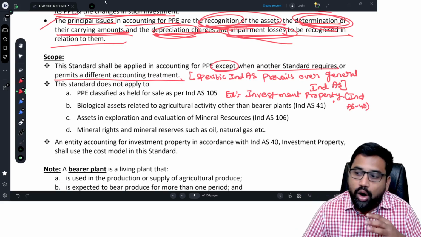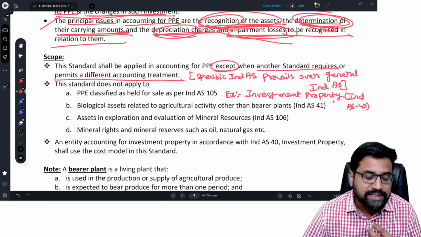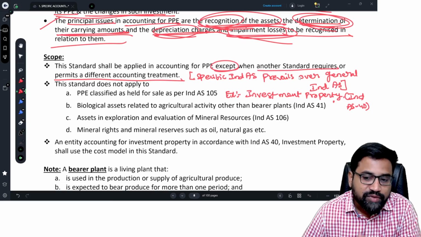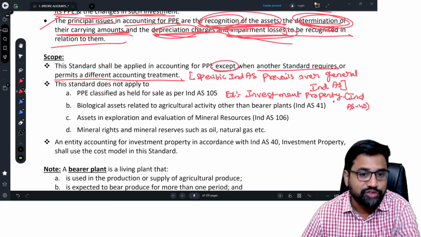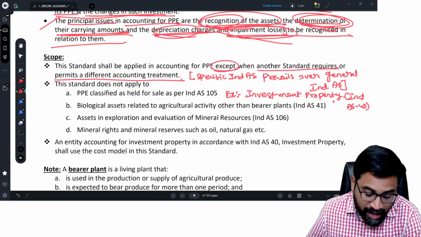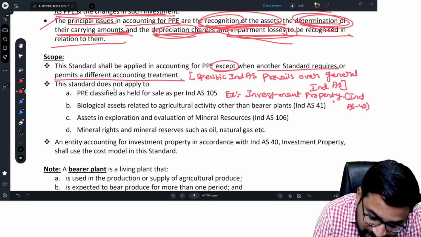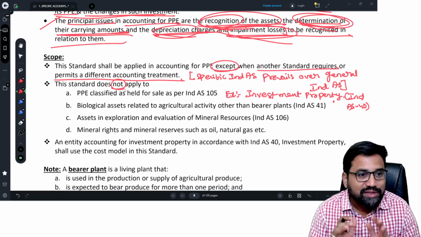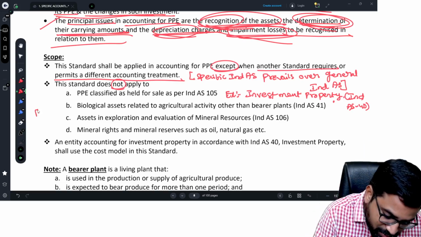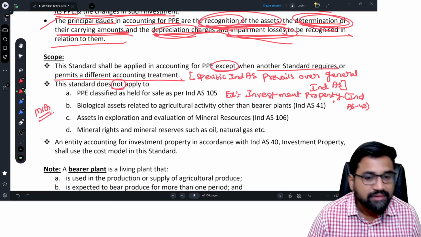Therefore, all tangible PPEs are covered under IND AS 16, except if there is any specific standard which prescribes the accounting treatment, then we will follow that. And this standard does not apply to the following. These are important things, and they may be asked in MCQs.